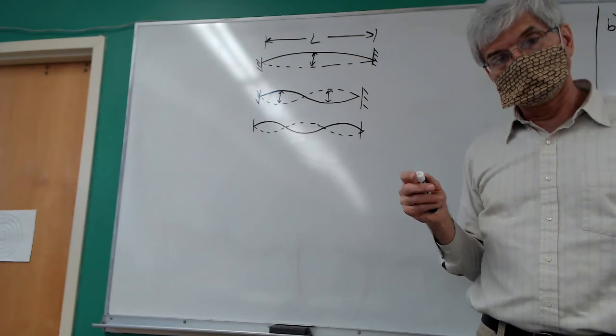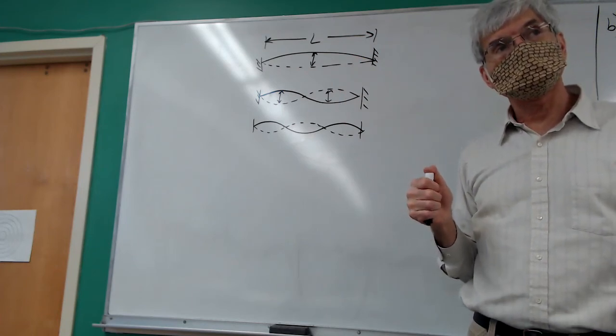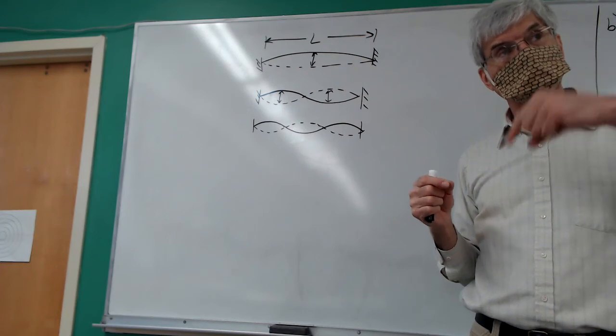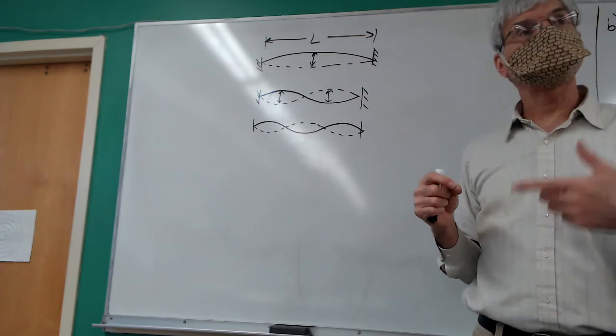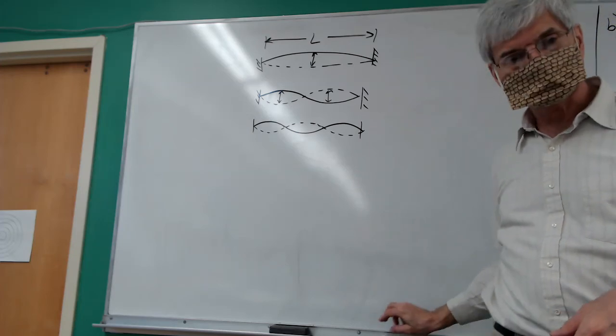Because there are only certain wavelengths possible, the string can only vibrate with the frequencies corresponding to those wavelengths. And those would be the resonant frequencies of that string. Okay. So where are we in the script here?